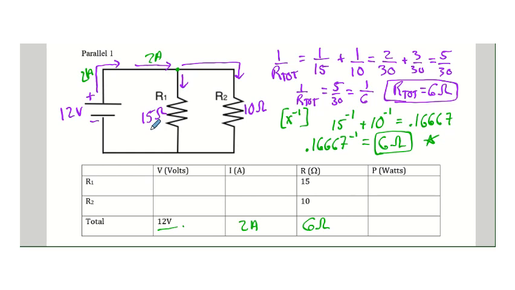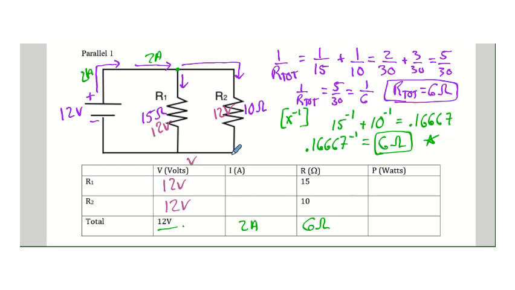So I can use 12 volts here across resistor 1, or I could use 12 volts here across resistor 2. And so what I'm going to do is plug those 12 volts into the VERP table at the bottom. So I'm going to put the 12 volts here and 12 volts here.